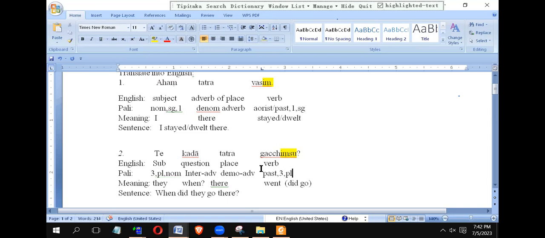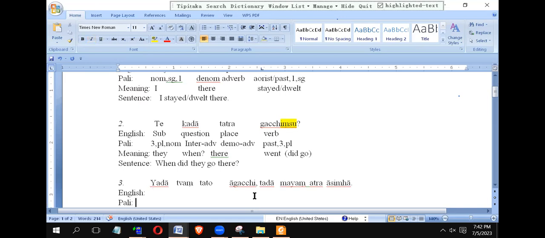Okay. It looks very technical, but it's good to break down like this, especially for those doing homework. When you break down like this, it makes your mind very clear, so you have no doubts about the exact one. So that question placed in English, Pāļi third person plural, nominative, interrogative adverb, demonstrative adverb, past tense third person plural, means they, when, there, when. All right, when did they go there?